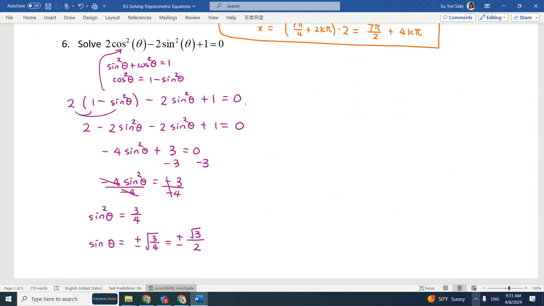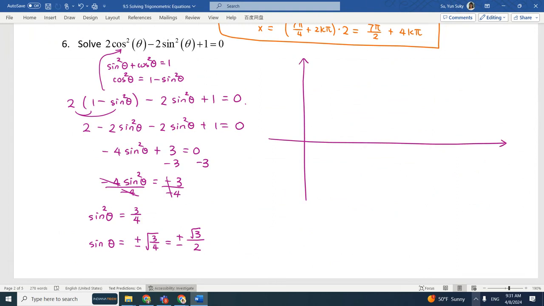Right, everybody? We get plus or minus square root of 3 over 2. Okay, this is sine theta, and we want to find theta.